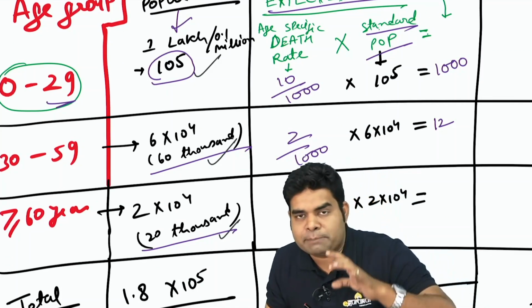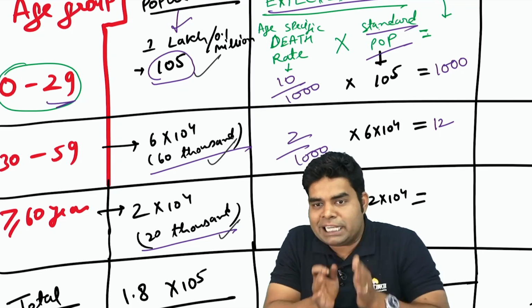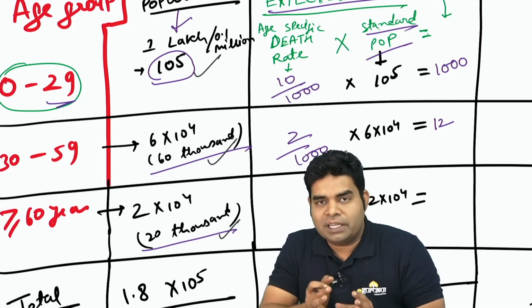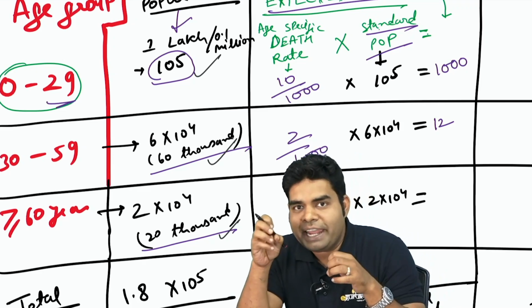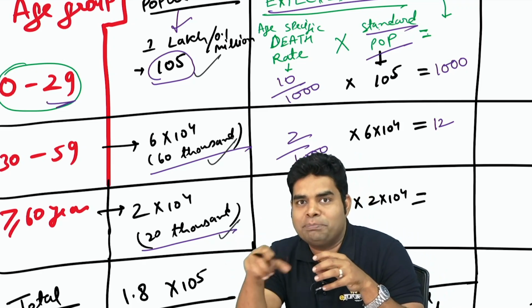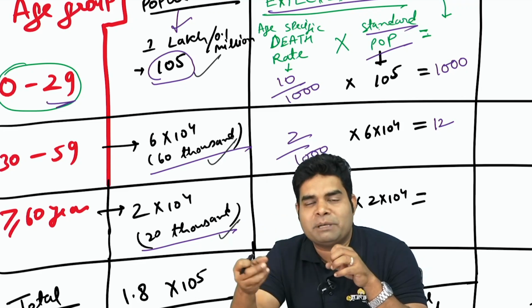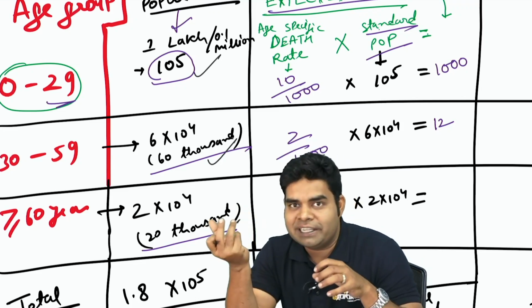So this is a fixed population. We will multiply this fixed population with the age-specific death rate of Bihar as well as the age-specific death rate of Chandigarh.